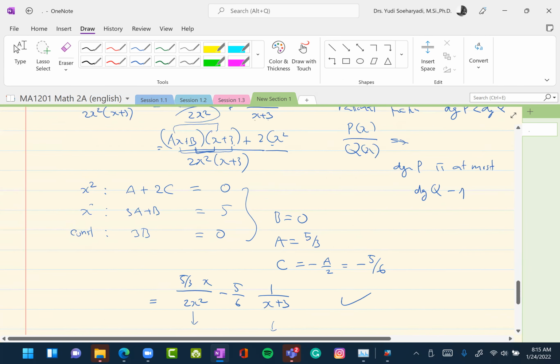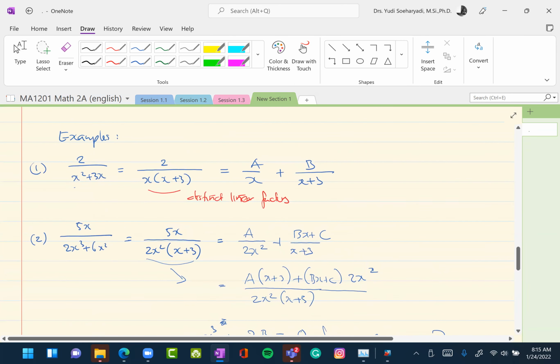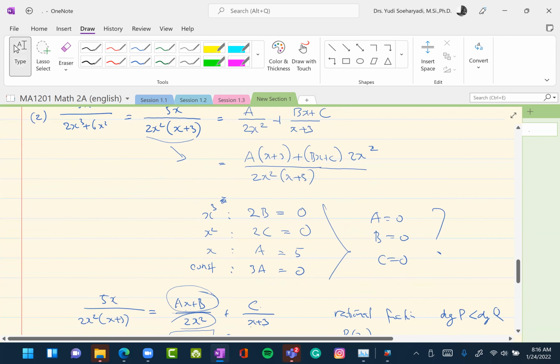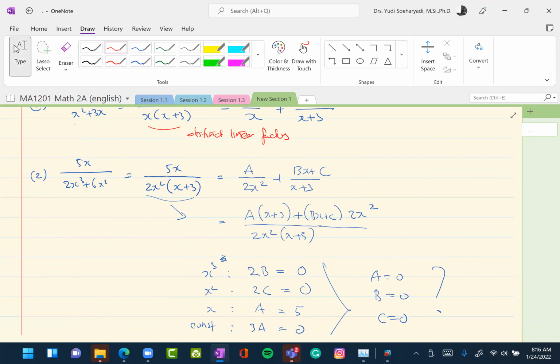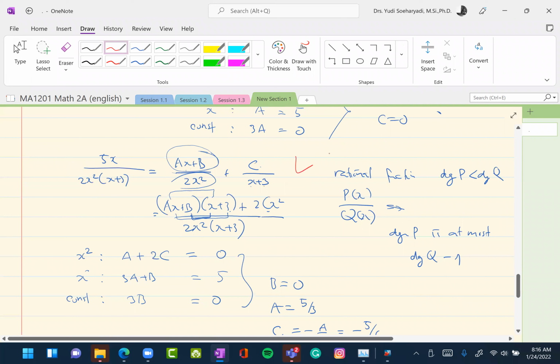So although this is correct, no, oh, this is incorrect. So I guess although this is correct, right?